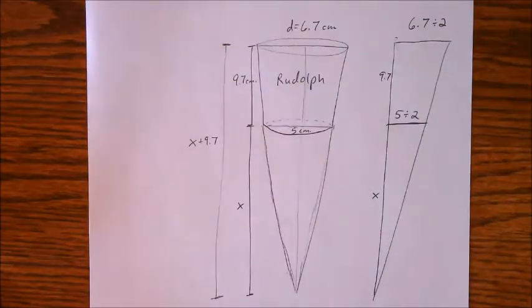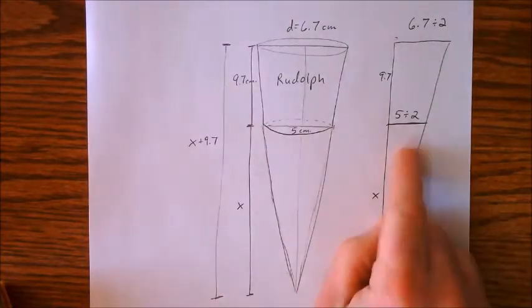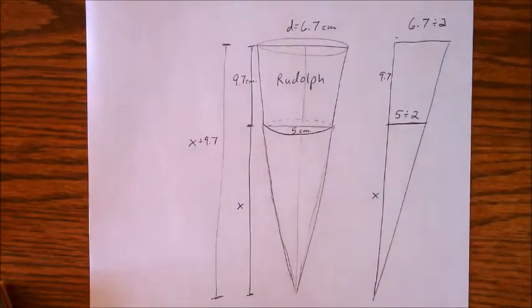So I drew a little sketch here with the measurements put in. So first, using the fact that we have two similar triangles, we can use proportions.